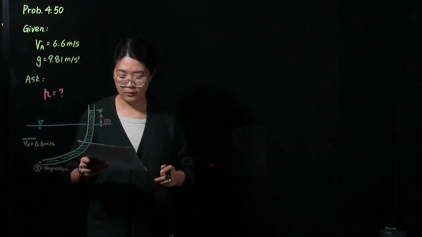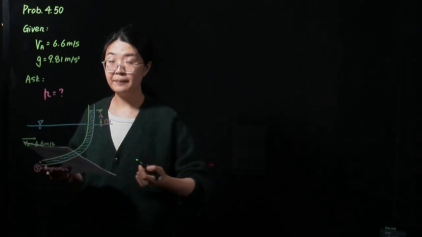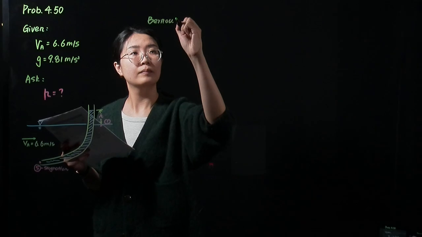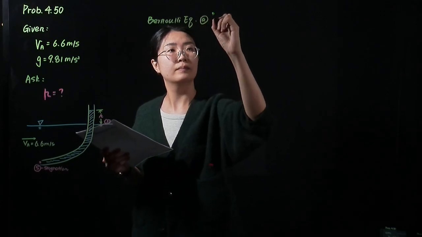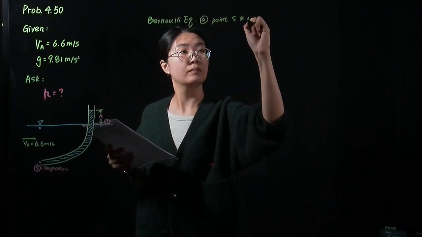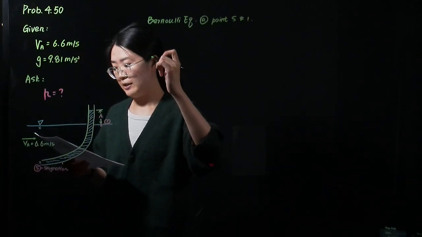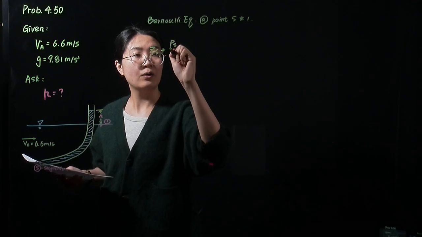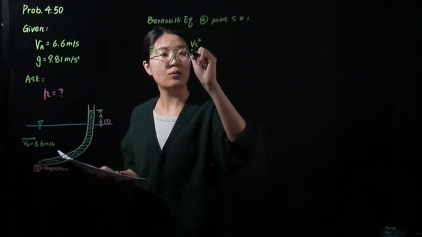To solve this problem, first we need to write down the Bernoulli equation for the stagnation point and for point A. For the stagnation point, it's depth plus the pressure head, which is Ps over gamma, plus the velocity head, Vs squared over 2g.